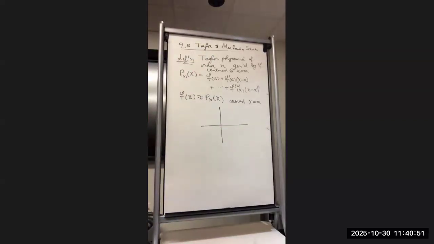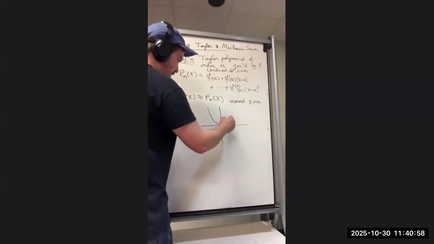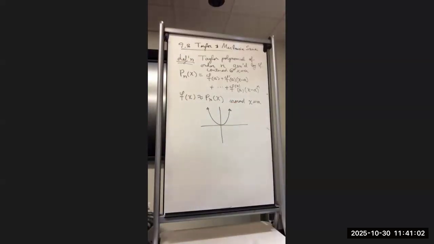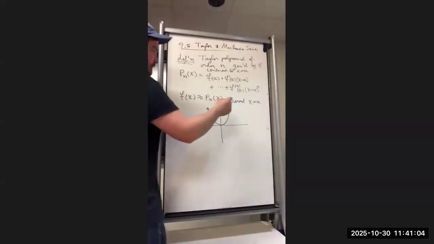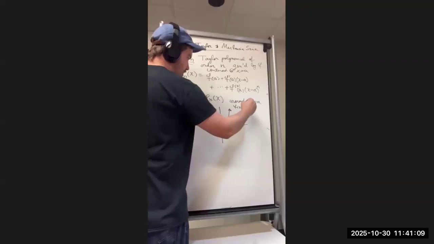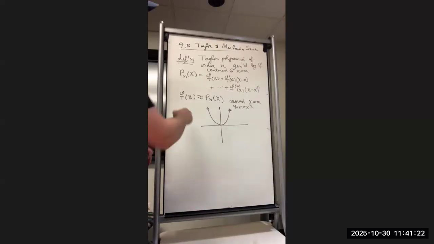So what do I mean by that? Suppose I'm just going to make something up. Suppose my function is x squared. And then I find the first order Taylor series, or Maclaurin series, let's say centered at 0 for x squared.